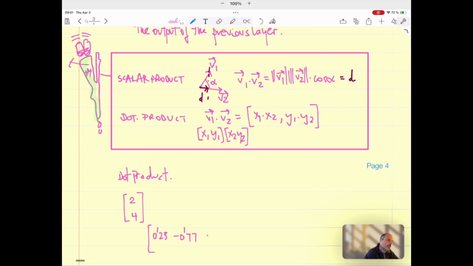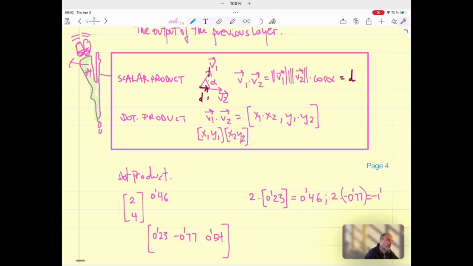The dot product of this can be done like 2 times 0.23 is 0.46. 2 times minus 0.77, which is minus 1.54.